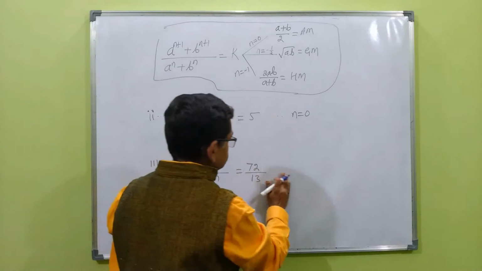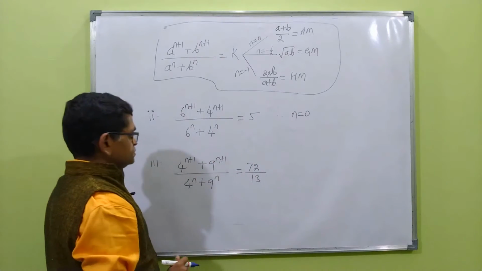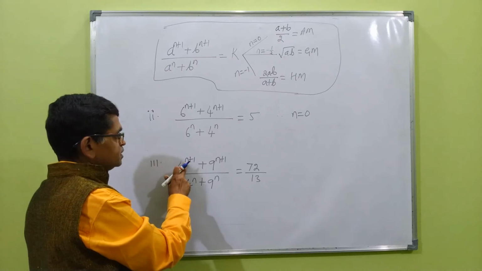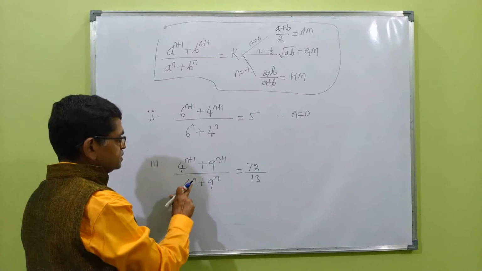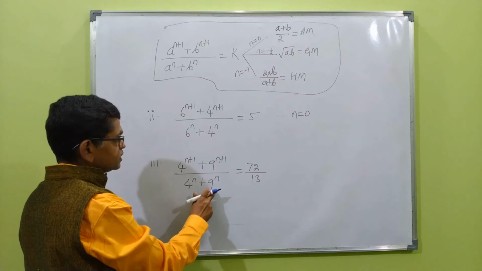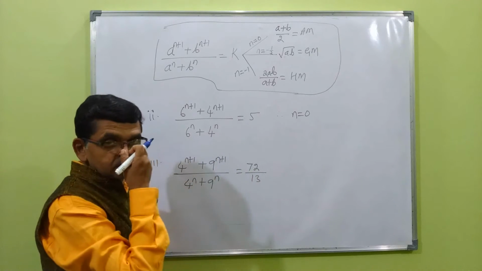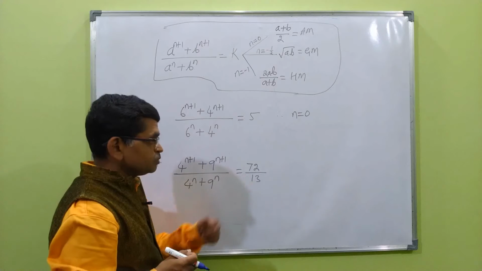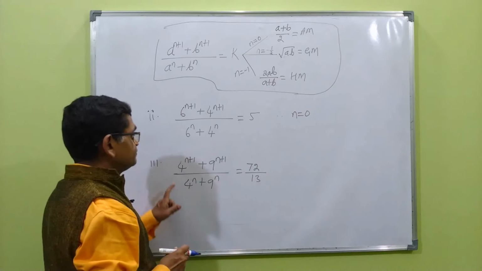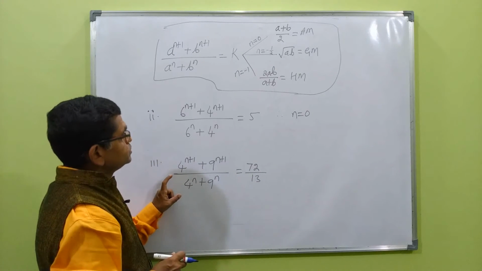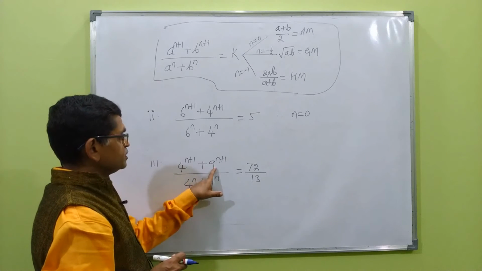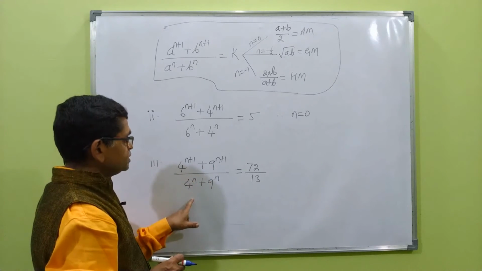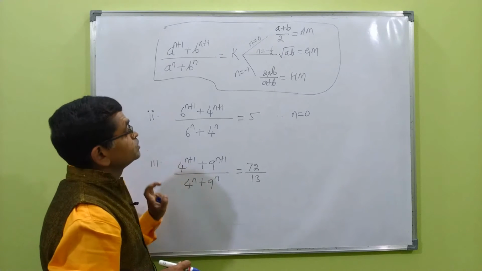Here, if you put n is equal to 0, 4 plus 9 is 13, divided by 1 plus 1, that is 13 by 2, but it is 72 by 13. If you put n is equal to minus half, that is 2 plus 3, 5, divided by 1 by 2 plus 1 by, that may not be possible.